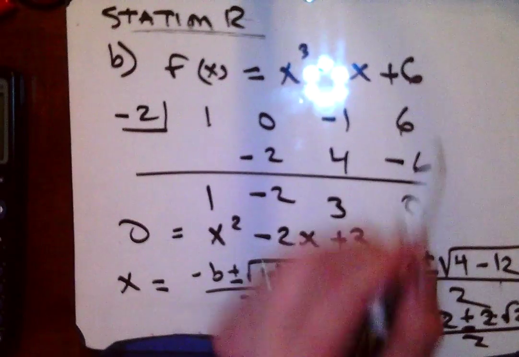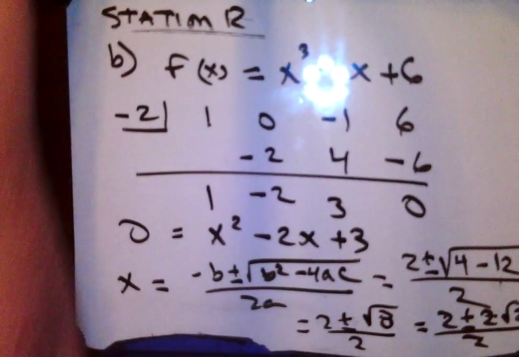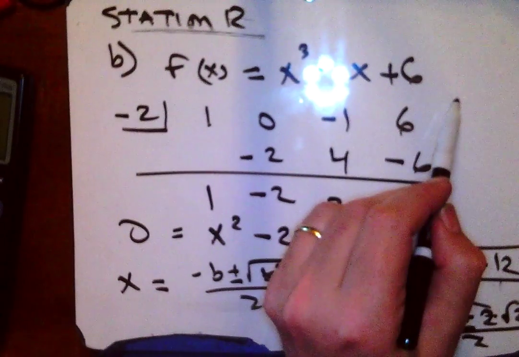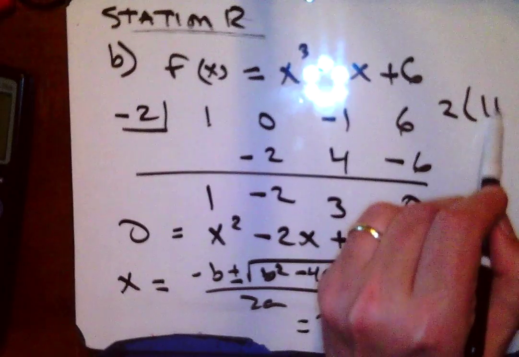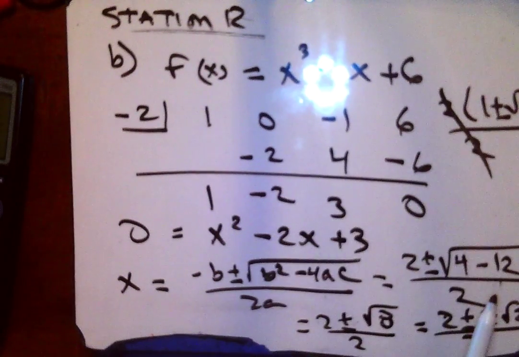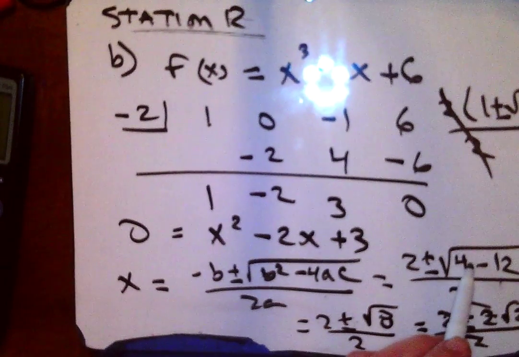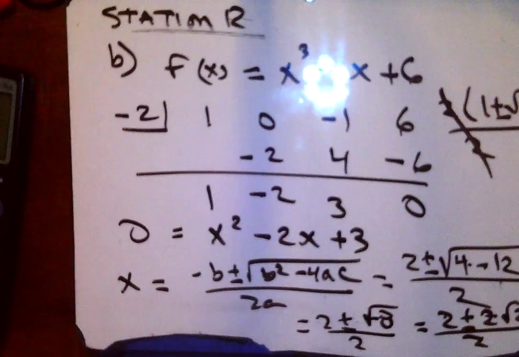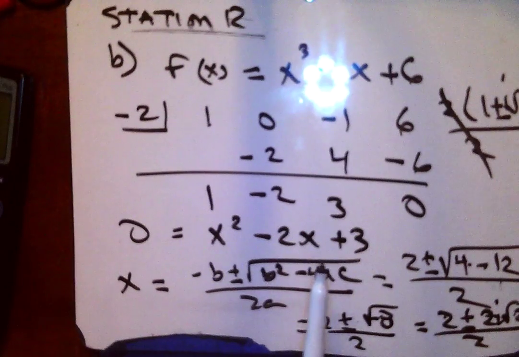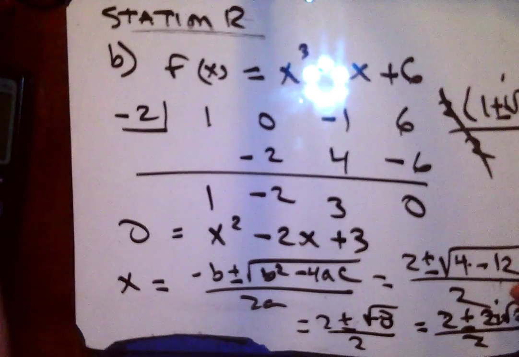Well, here I can take a 2 out of each of the terms on top. And so that's going to give me 2, 1 plus or minus root 2 over 2. And now I can cancel. Wait. That's -8. That's 2i root 2. So we need an i there. Yeah, definitely need it to be imaginary and not real.